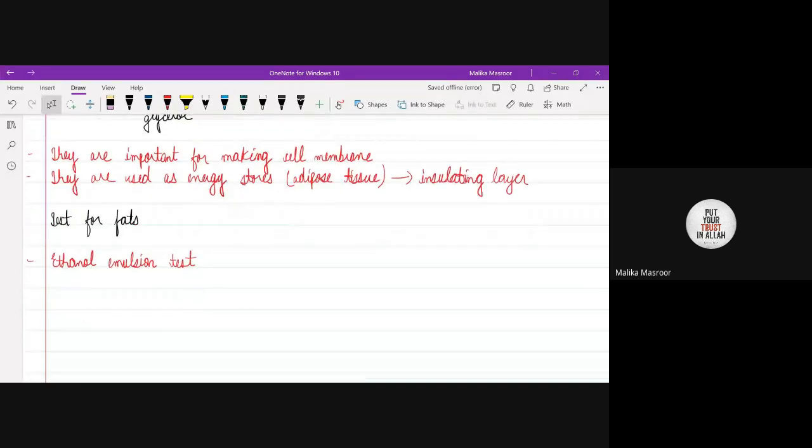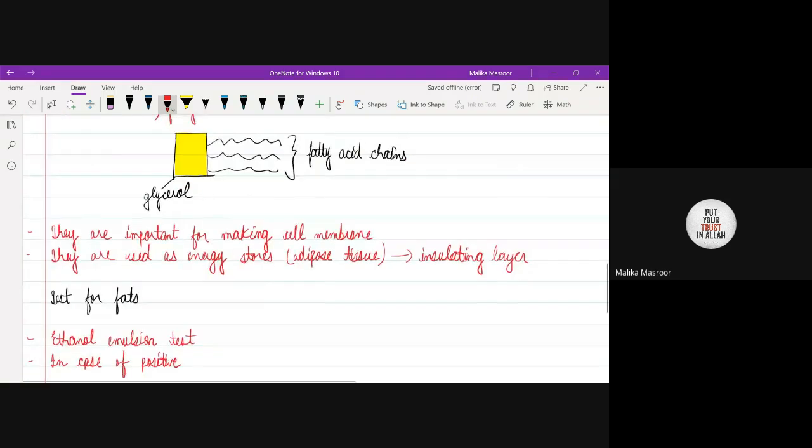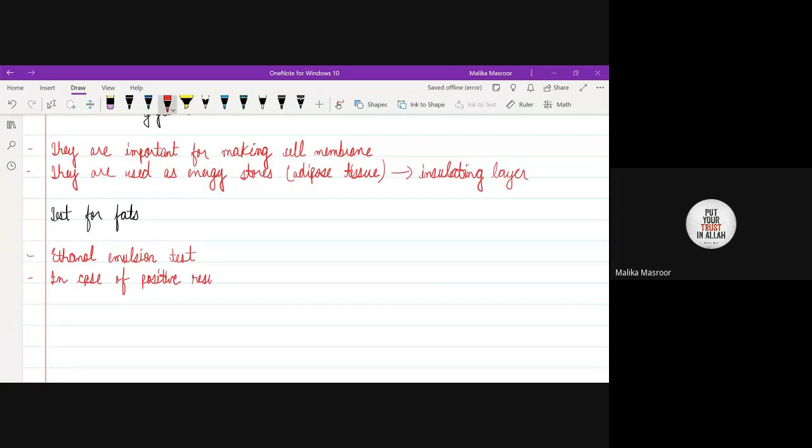Then the ethanol is poured into a clear tube that contains water. If there are fats in the ethanol, they will form tiny droplets in water, which gives a cloudy, milky appearance. In case of a positive result, there is a cloudy milky appearance.